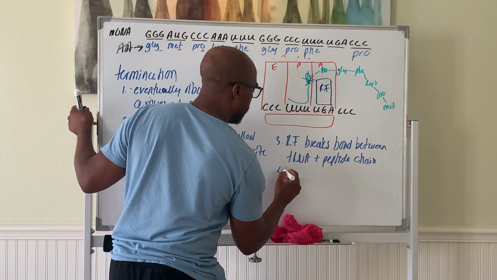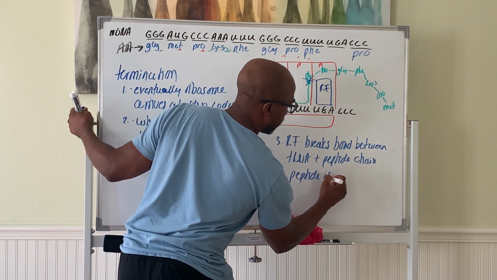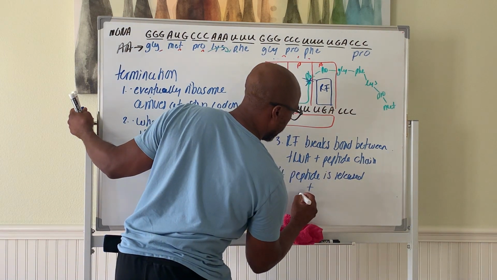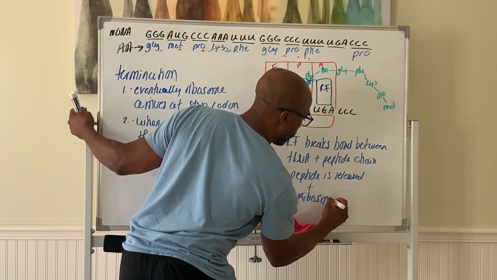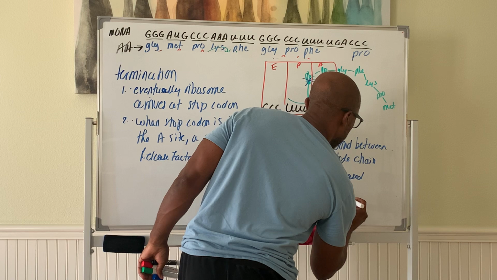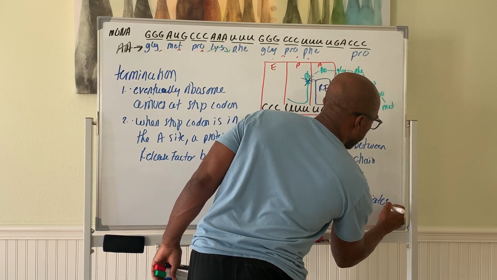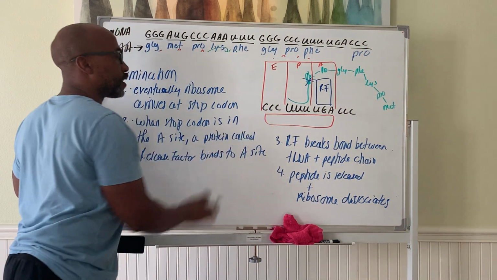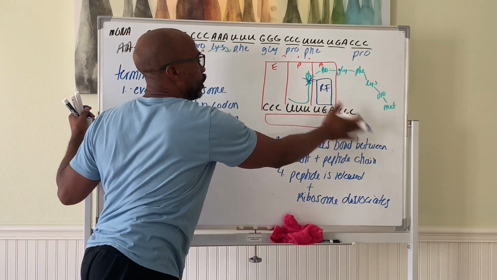And then the peptide is released, and the ribosome dissociates and stops working. And okay, so those are the steps. You initiate it, make it long, and then you stop it.